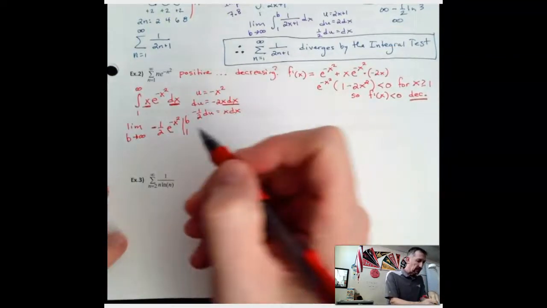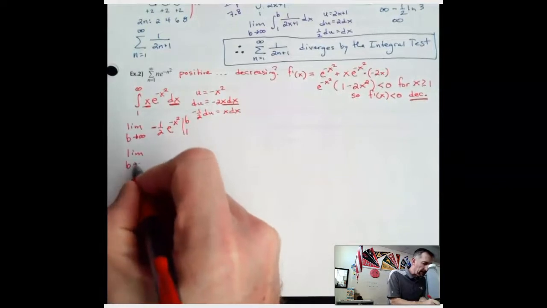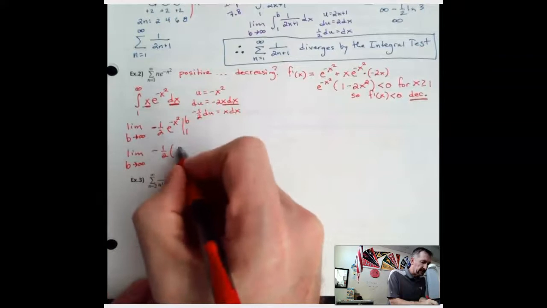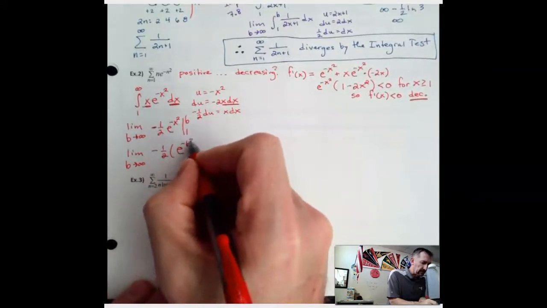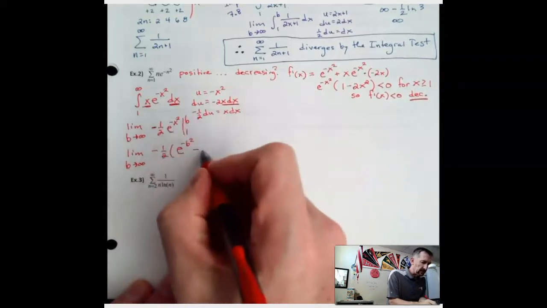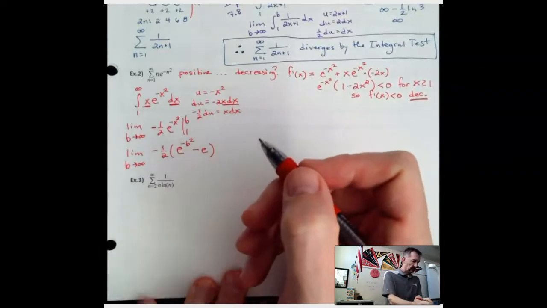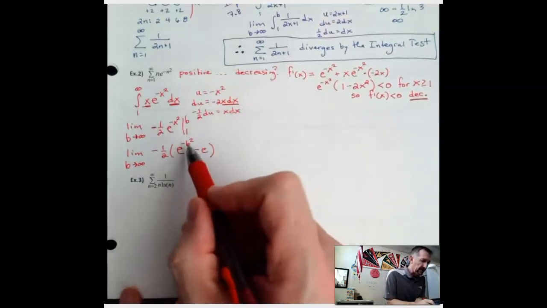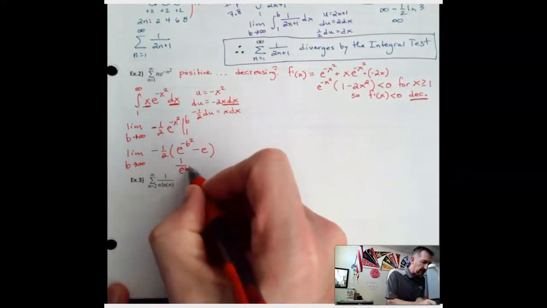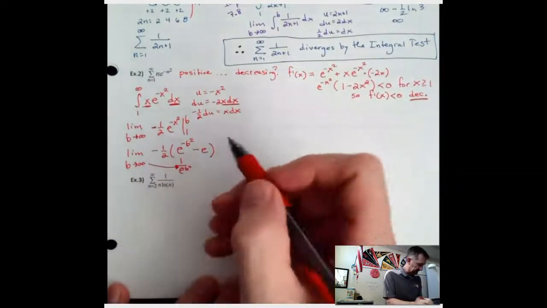Okay. So if we plug those in, it's going to be negative 1/2 e to the negative b squared minus, this would be 1. Now, that would have been 1 over e to the b squared, and if b is going towards infinity, then that's going to go to 0.